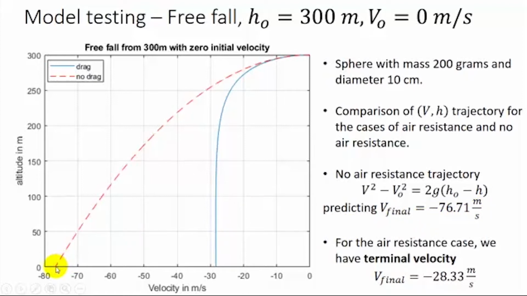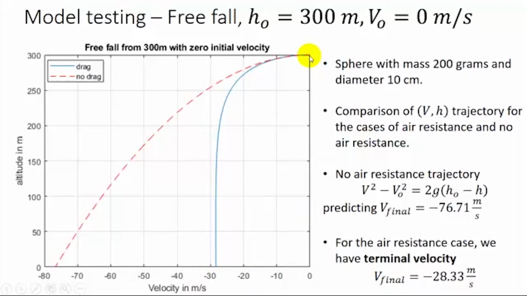This is this point here, which corresponds to 0 altitude. So this plot shows the altitude of the ball plotted on the y-axis in meters against the velocity of the ball plotted on the x-axis in meters per second.